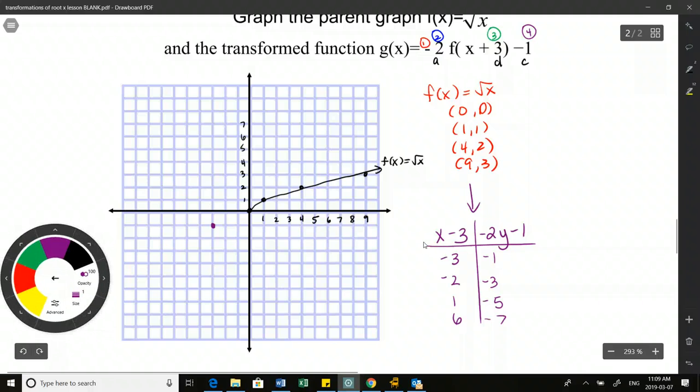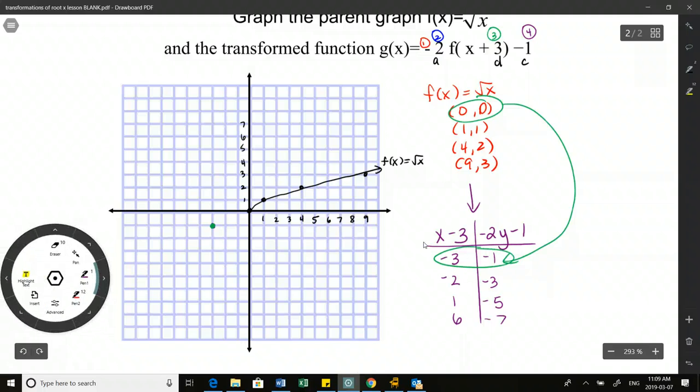Remember, I'm keeping an eye on this point right here getting transformed to this point right here because that is the start of my graph. So I don't want to have arrows on both sides. I want to have arrows on the ending side. And then -2, -3, 1, -5, and 6, -7. Okay, and remembering that this point right here at -3, -1 is like our starting point. So we don't want to have arrows going the other way.